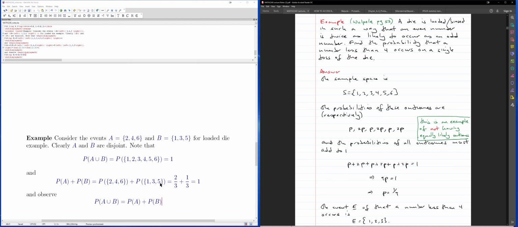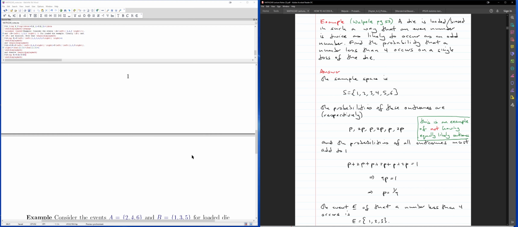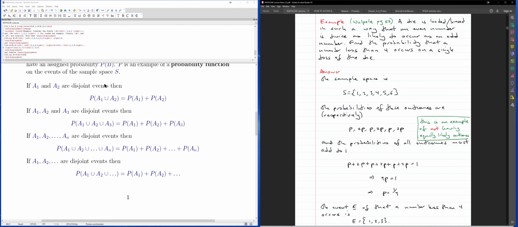Each one is 1/9, so when you add that up, you get 1/3. So the probability of A is 2/3, the probability of B is 1/3, and the sum of the probabilities is equal to 1. This is an example that if A and B are disjoint, then the probability of A union B is equal to the sum of the probabilities.